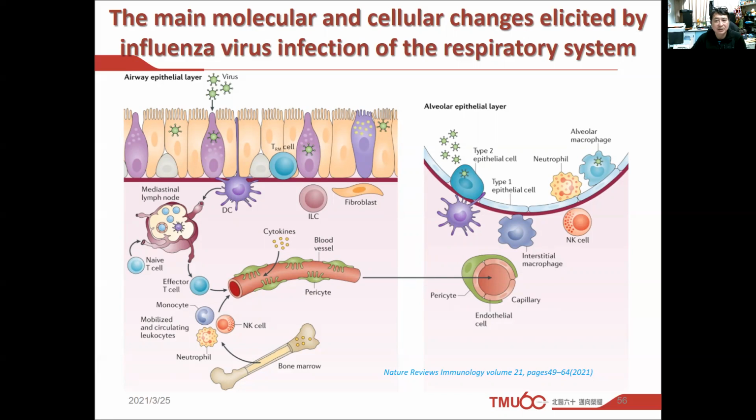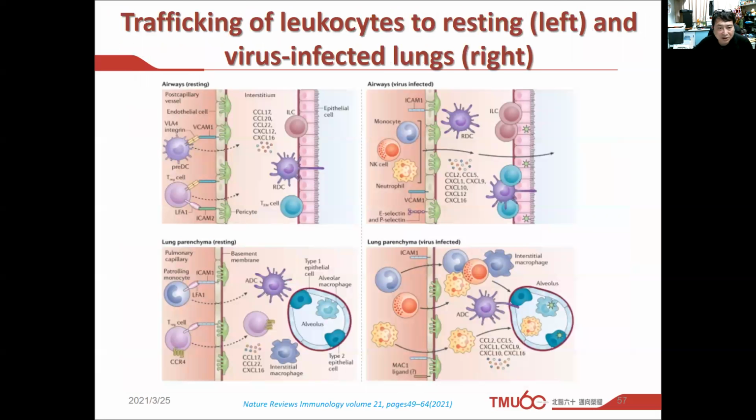Now, as we mentioned, during inflammation, with leakage of the vein, a lot of neutrophils will arrive at the inflammatory sites. In this case, it is the alveolar epithelial cells, and then you can see a lot of macrophages. Now you start to see a lot of B cells and T cells at the site of inflammation, the lung tissue.